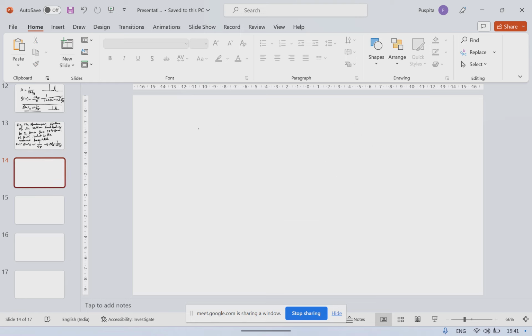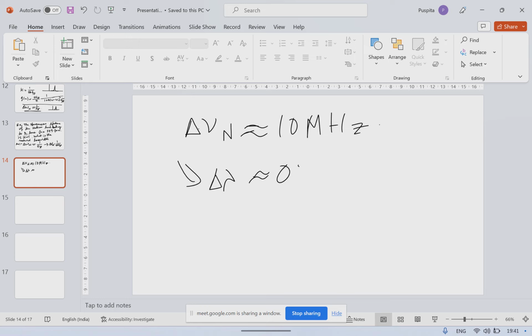By putting in this value, we get delta nu n almost equal to 10 megahertz. So this delta nu n corresponds to a delta lambda of about 0.001 nanometer. Okay. Now we will see this in the light of quantum mechanics.